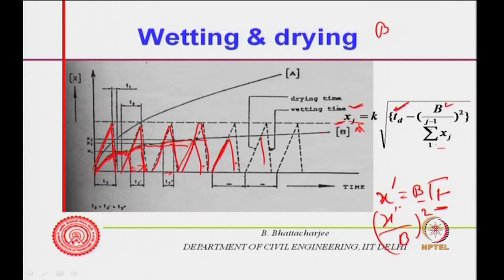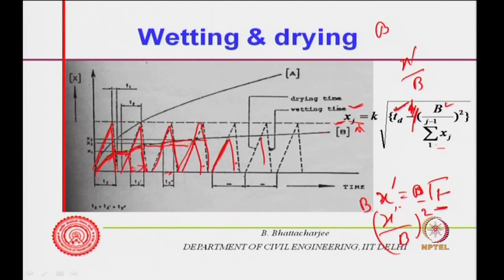I think it should be 1 over that, because if I write it the other way round, x dash equals B root T, so then T equals x dash squared over B squared. So, this should be 1 over B, divided by this, squared.